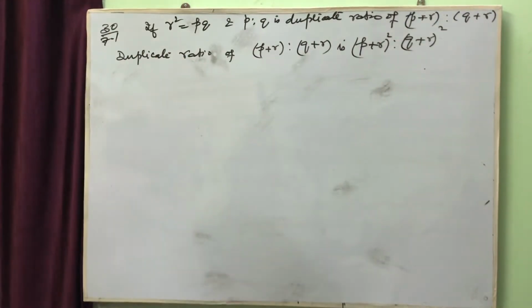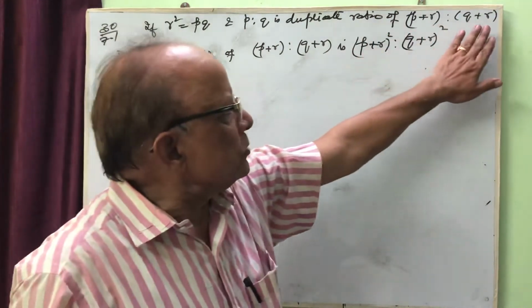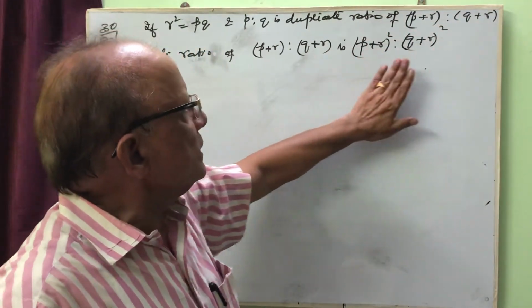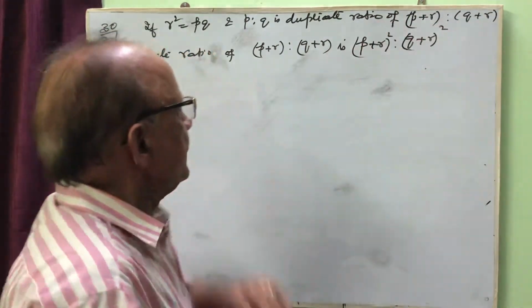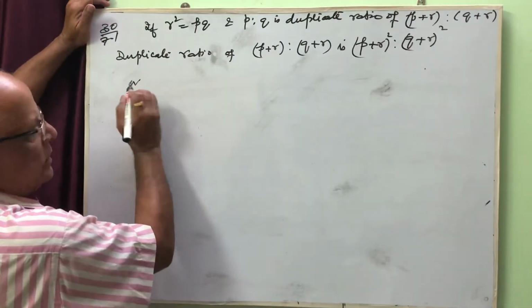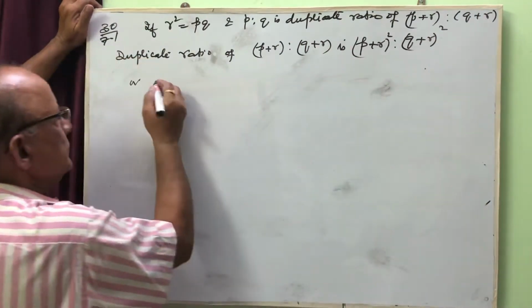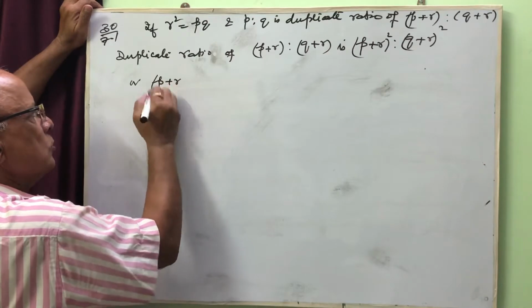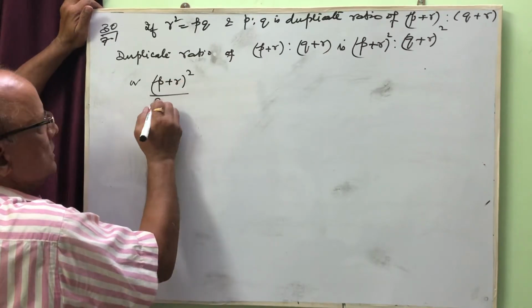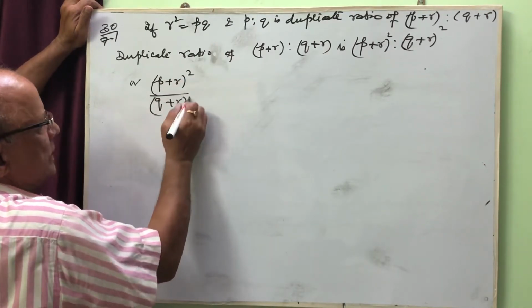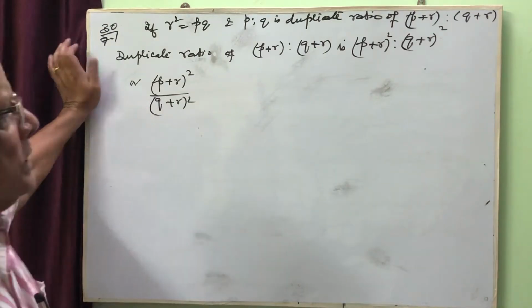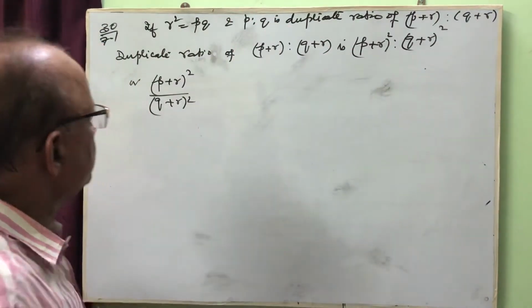By definition of duplicate ratio, p plus r and q plus r will be p plus r whole square to q plus r whole square. Ratio means division, p plus r whole square by q plus r whole square. Try to find out this value, so that this value is p by q.